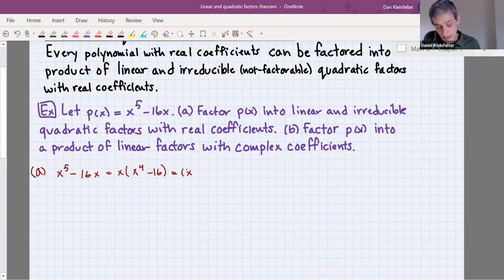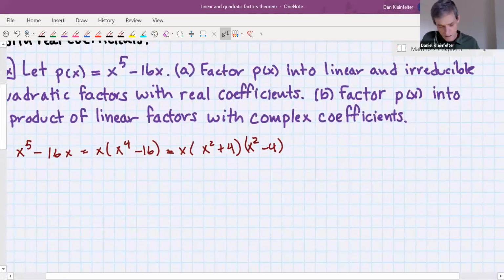So that will be x still. We still have that x. And then we'll have x squared plus 16. No, x squared plus 4. X squared minus 4. Okay, so we factored that x to the fourth minus 16 as a difference of squares. Let me just make that a little neater.